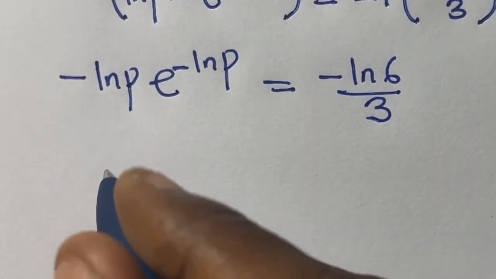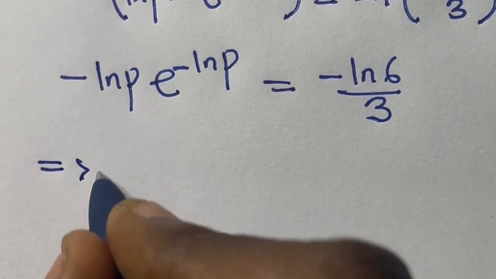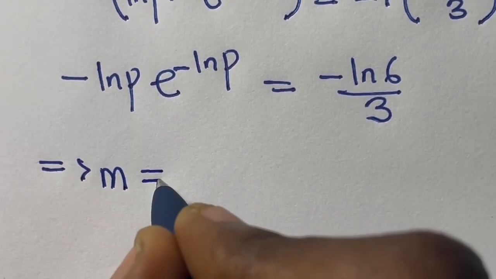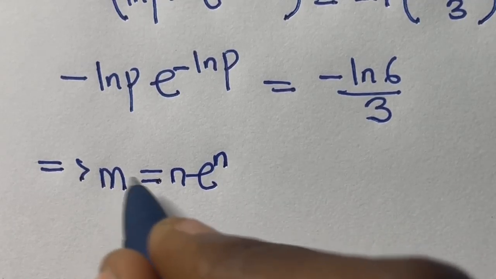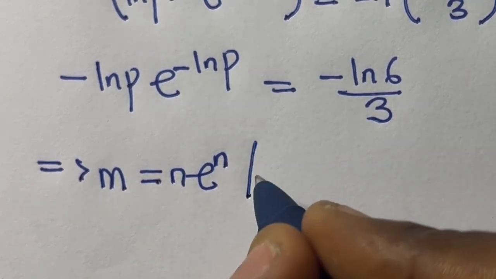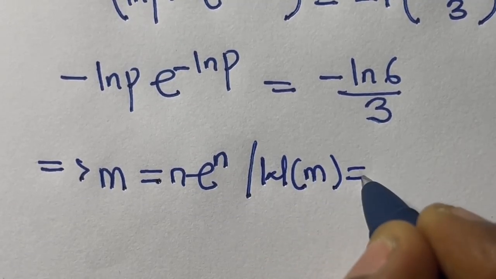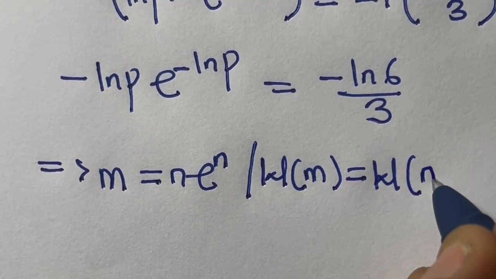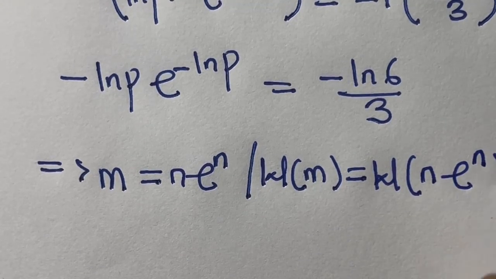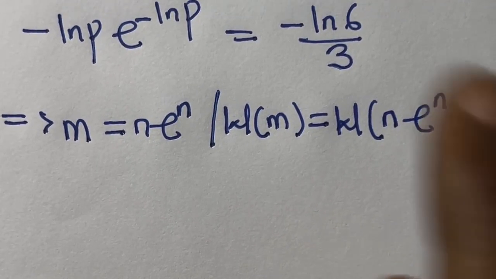Alright. So here we should note that the Lambert function of m equals n exponential n, which is equal to n. The same will apply to this.